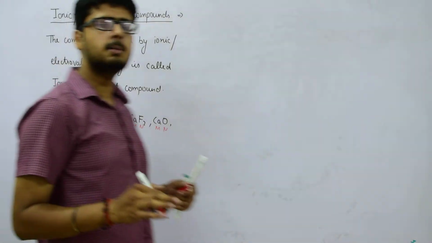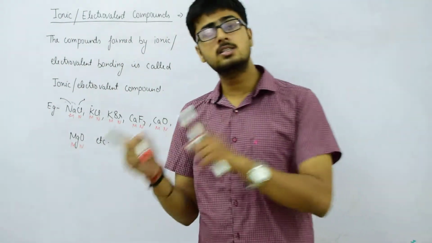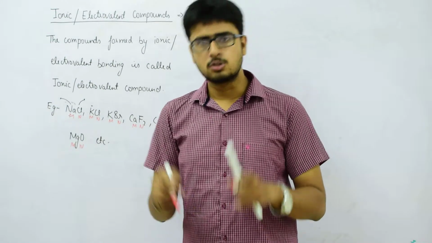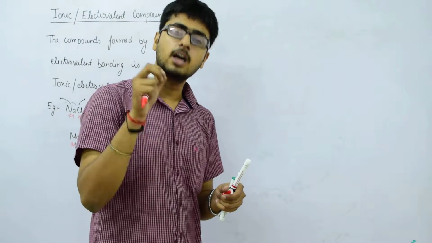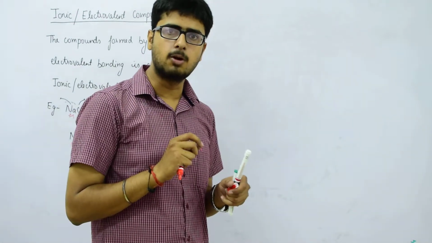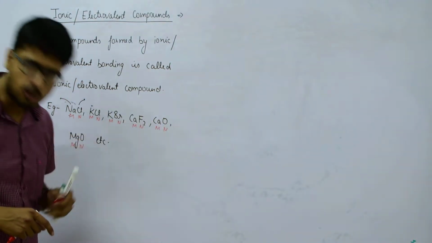So if in the given compound the first atom is a metal and the second one is a non-metal, it will always be an ionic or electrovalent compound, because it is always formed between a metal and a non-metal.